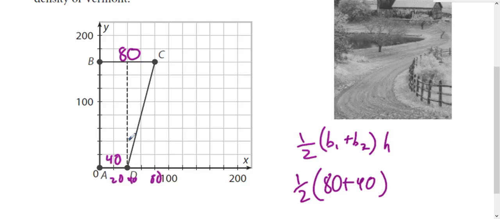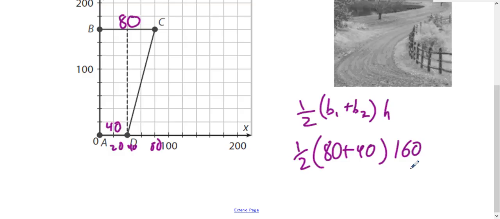And then the height is 120, 40, 60. So it has an area of 9,600 square miles.